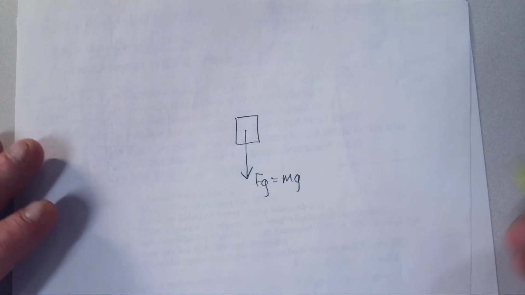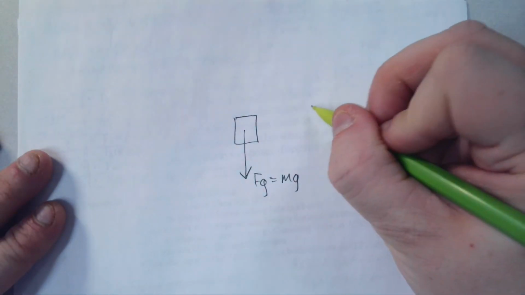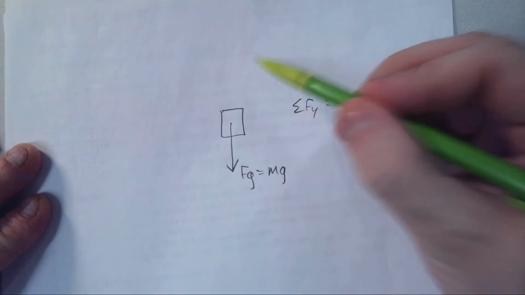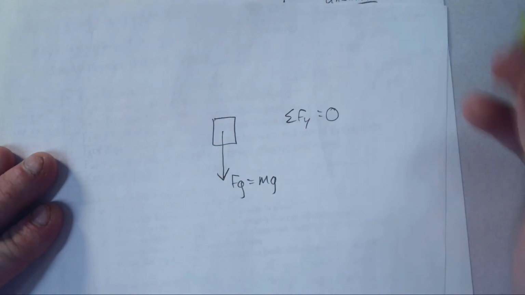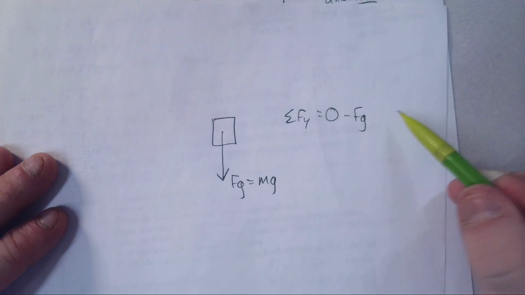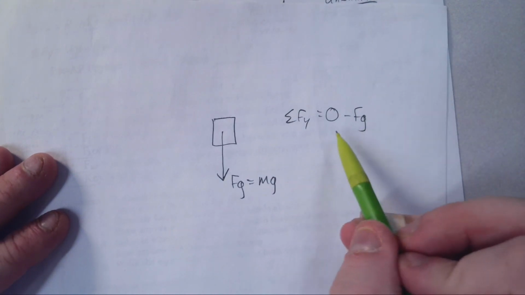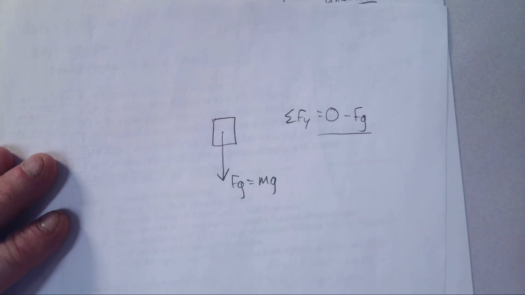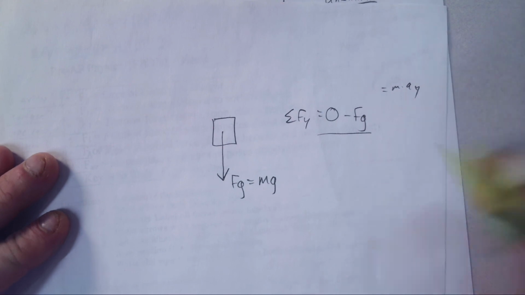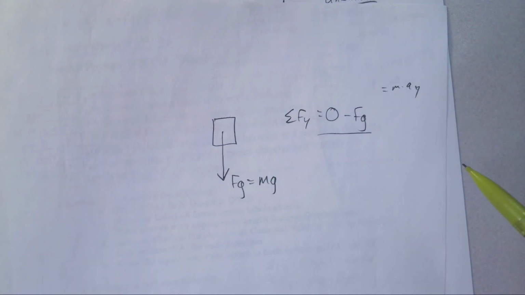If we were writing our equation, the sum of the forces in the y direction, there's no force up, so I'm going to put a placeholder of 0, and I have minus the force of gravity. We're going to ignore the ma part for right now. All we're concentrating on today is writing the force part of the equation, so this would technically equal m times a of y, but we'll ignore that until a later date.